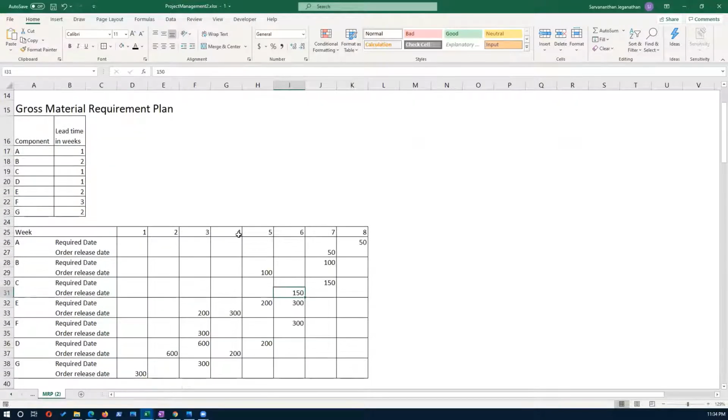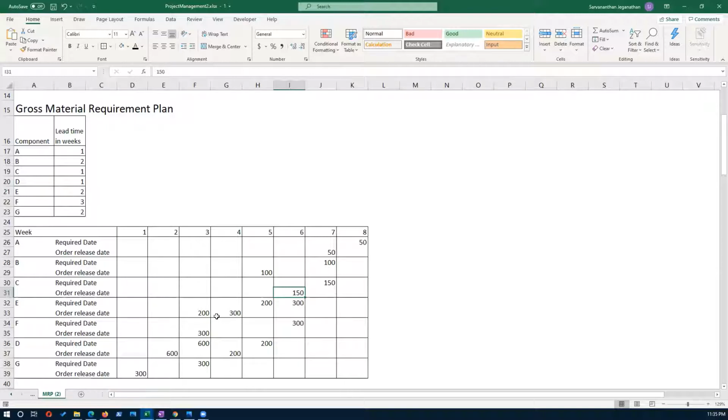So based on that, we are only using 2 units here. And to manufacture B, we are using 2 units of E. So we will be needing that by week 5. Based on the lead time of 2 weeks, we are going to order 200 on week 3 and 300 on week 4, which is needed on week 6.